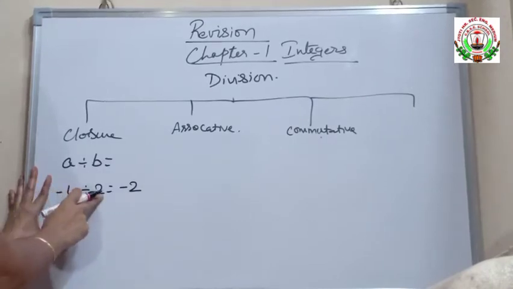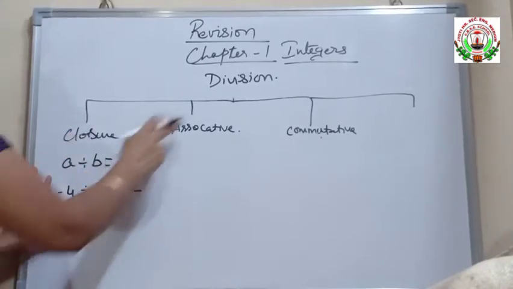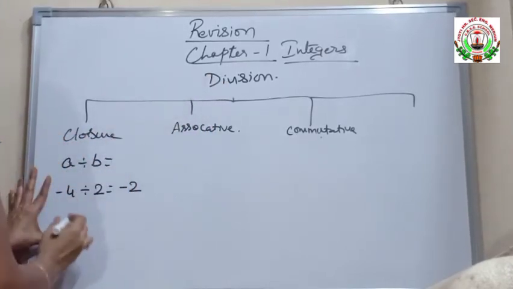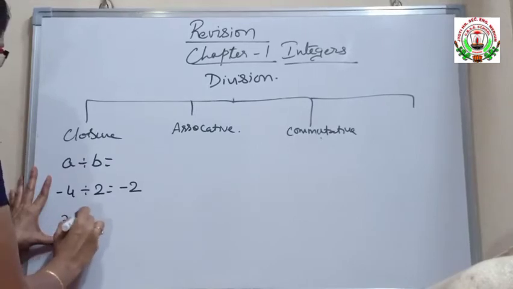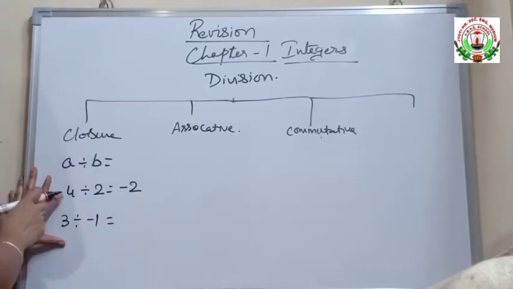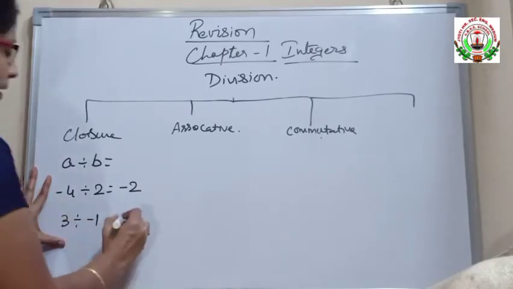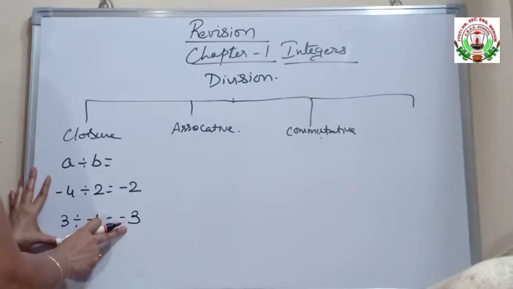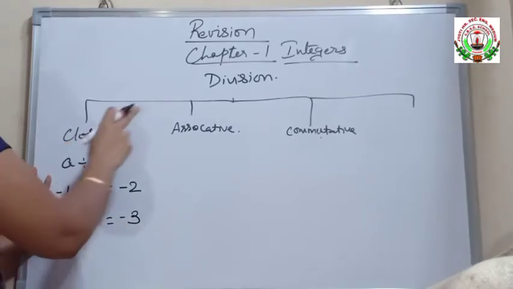Example again, 3 divided by minus 1. Whether the minus sign is in the first number or the second number, the answer is an integer. So it is closed under division.